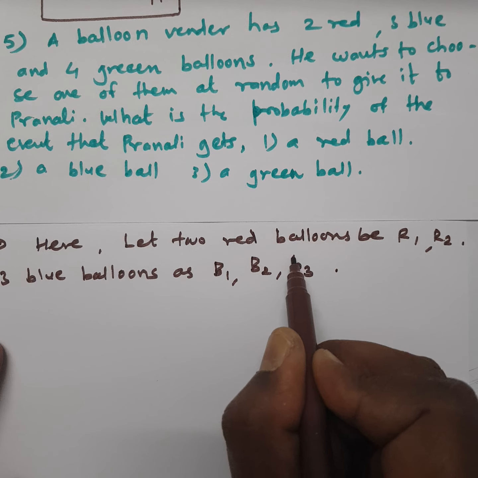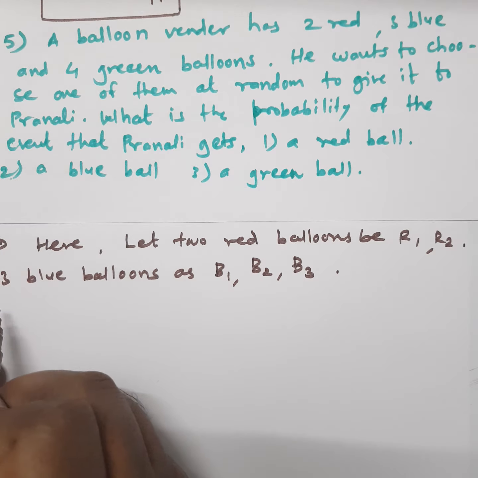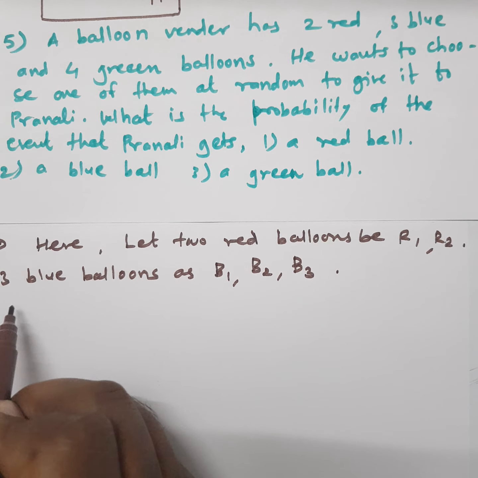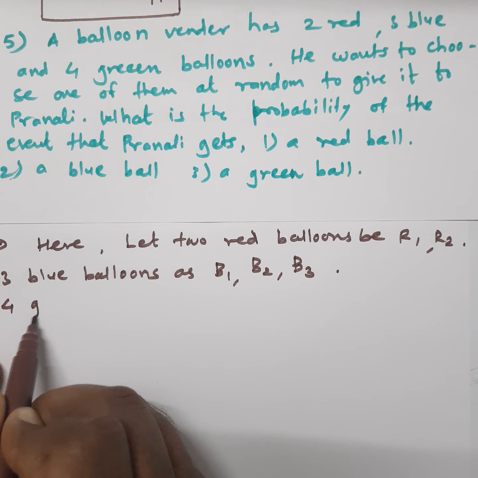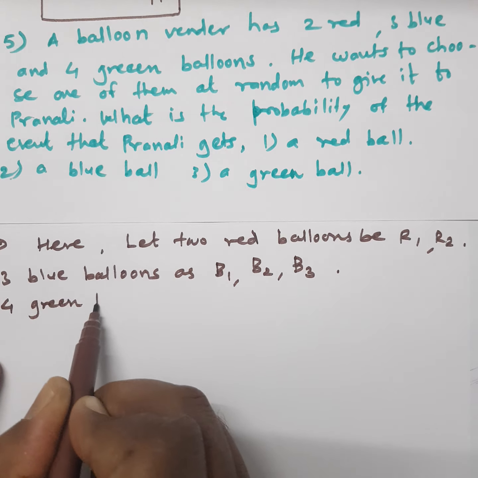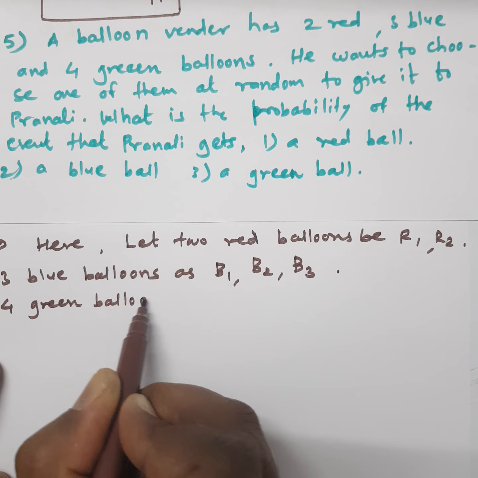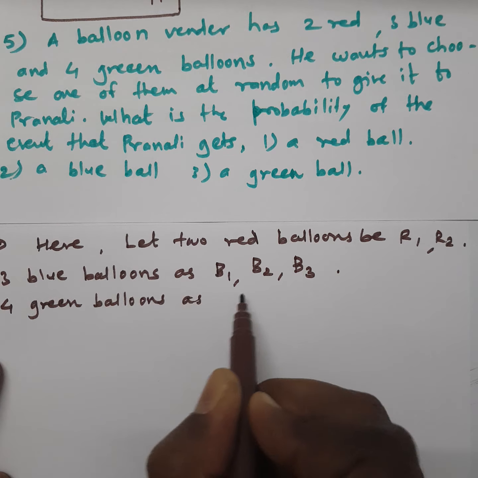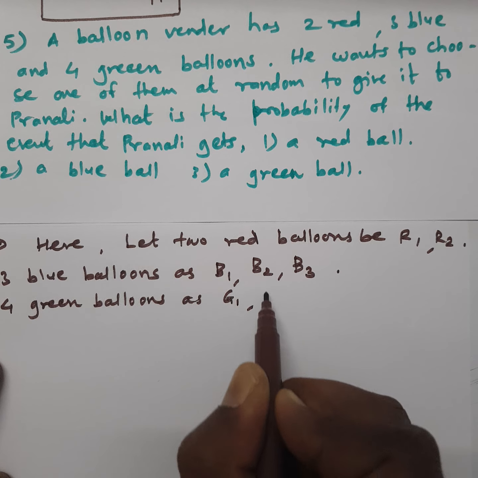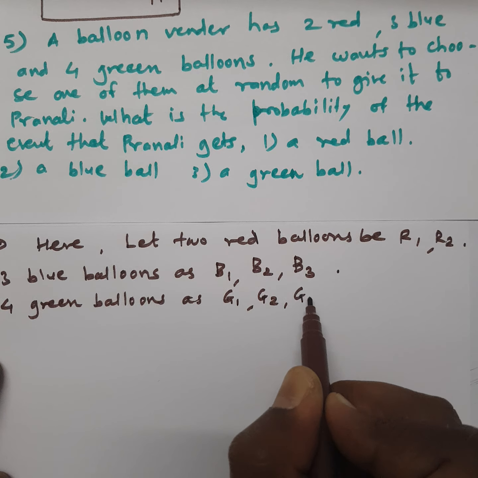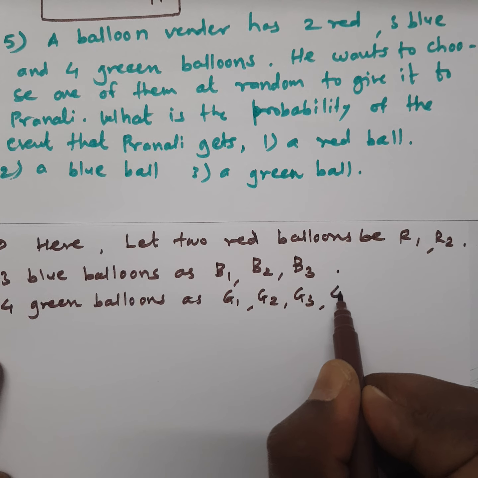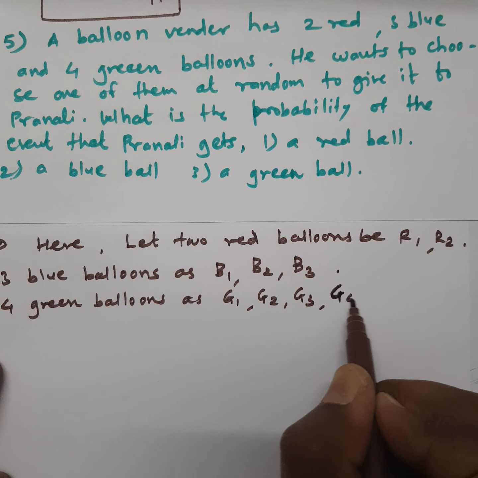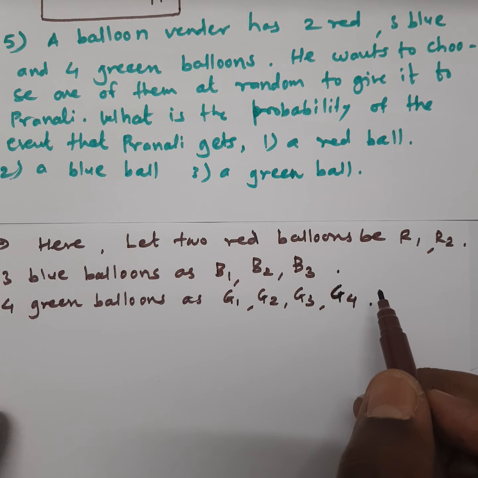Then there are 4 green balloons, let 4 green balloons be G1, G2, G3, G4.